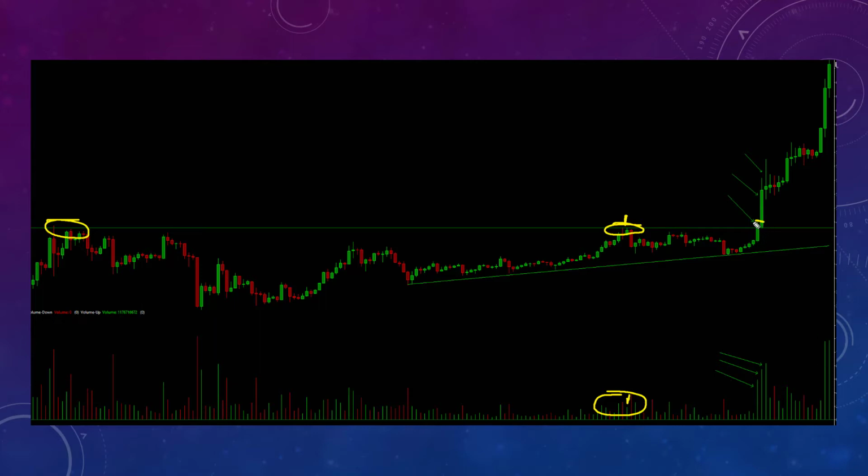But as you can see right here, as we approach it and break it, we get a massive spike in volume, which continues for 3 bars. This is a good indication that this was a valid break and that price is going to continue higher.